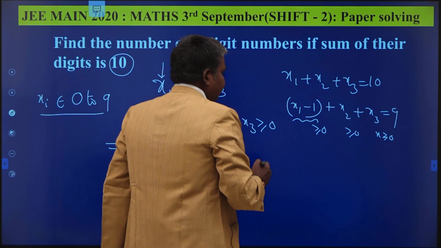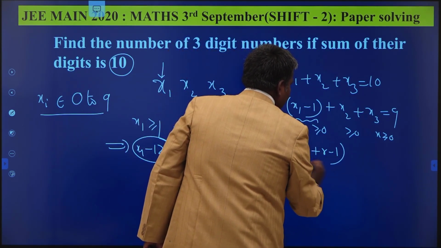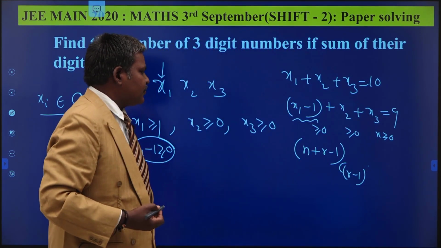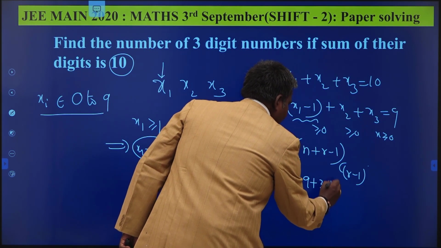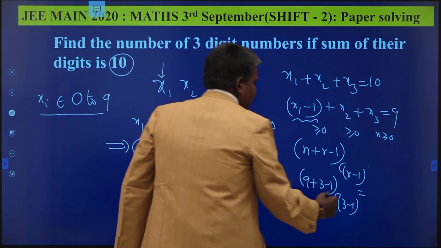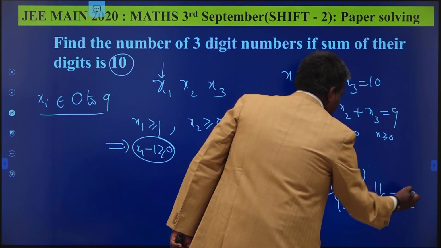What we have to get? The number of solutions is (n plus r minus 1) C (r minus 1). This is the number of solutions. So, 9 plus 3 minus 1 C 3 minus 1, that is 11C2. We mean 55.